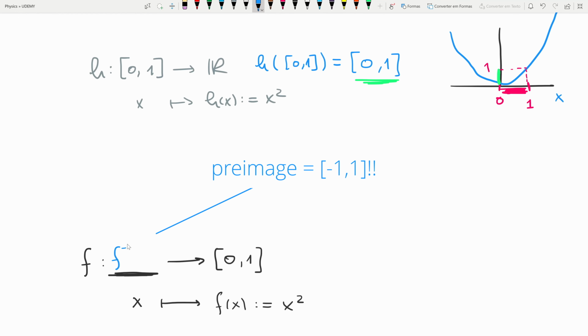If you fix the range of this function, then that function can only act on those x's that are mapped into that range. As a consequence, the domain of our function f is the preimage of our range from 0 to 1.